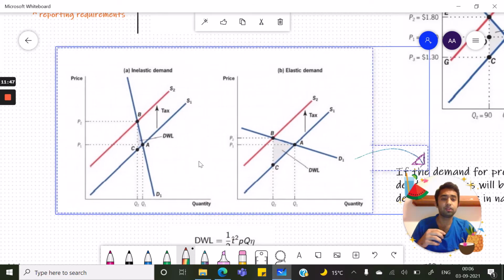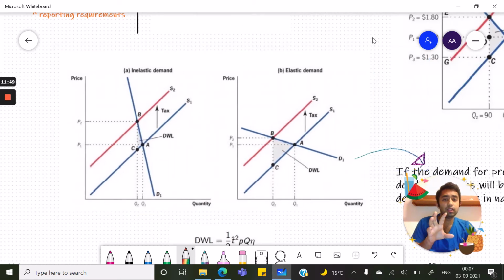On the other hand, if the demand for the good is elastic in nature, even a small increase or decrease in price will shift the demand on a large scale. With a slight increase in price, the demand decreases drastically.